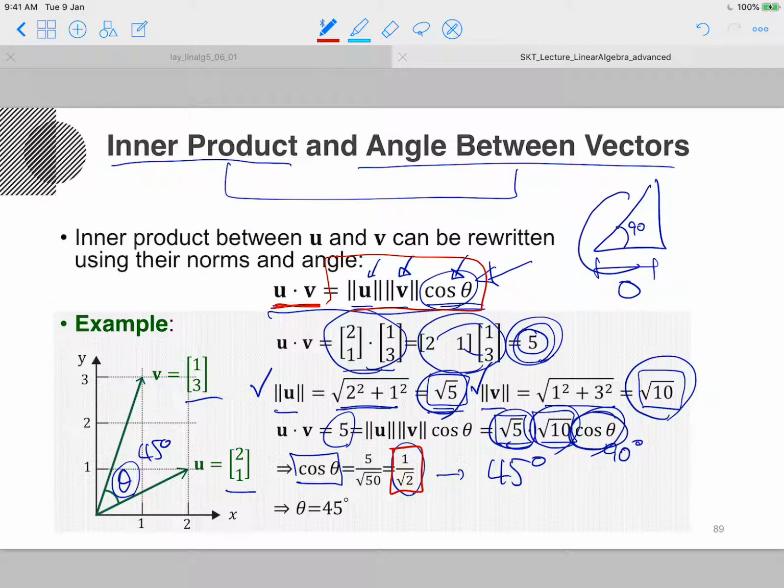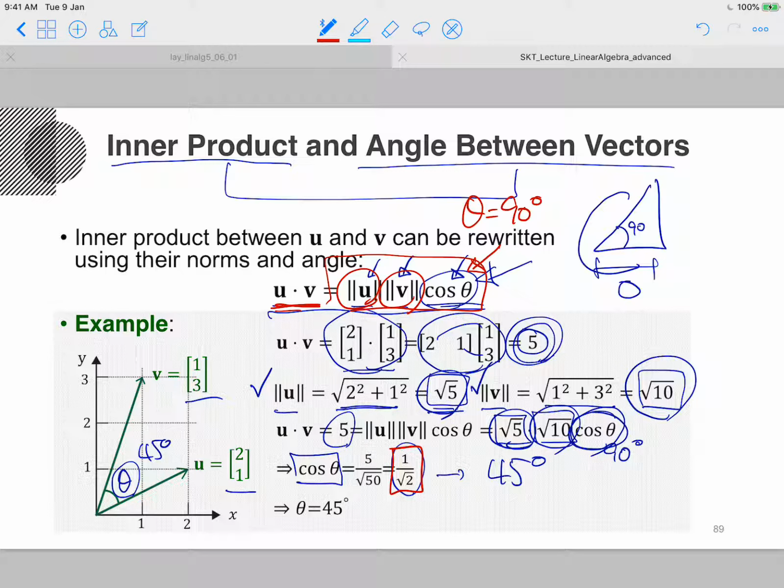Okay, and from this perspective, if theta is 90 degrees, then cosine theta is 0, right? And so even if these two vectors have non-zero length, because cosine theta becomes 0, their inner product should be 0, right?